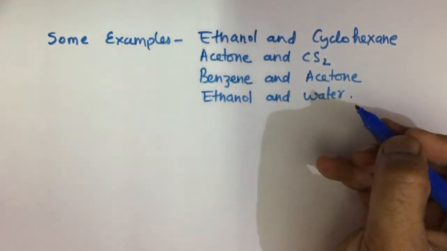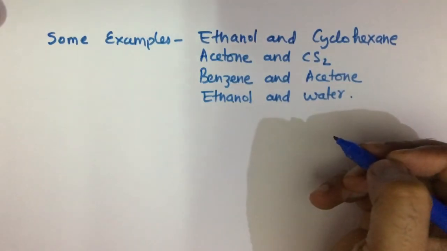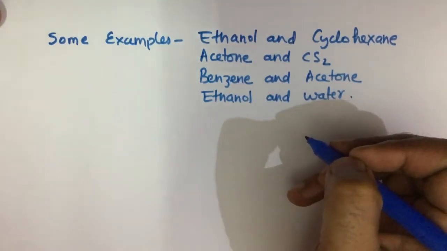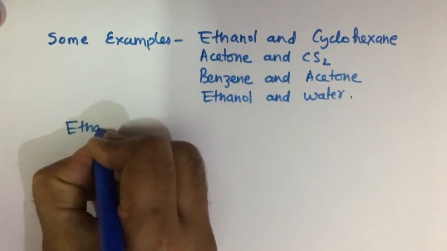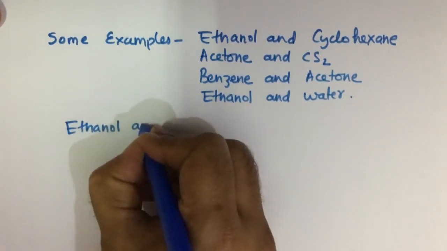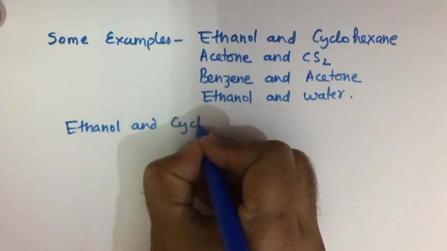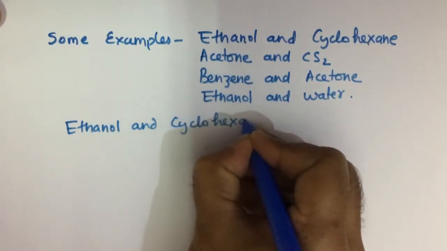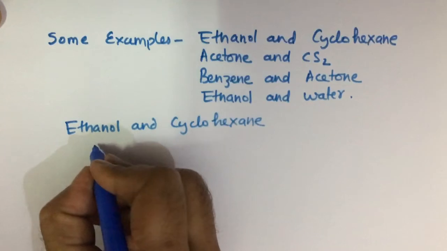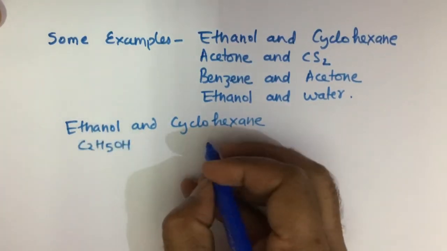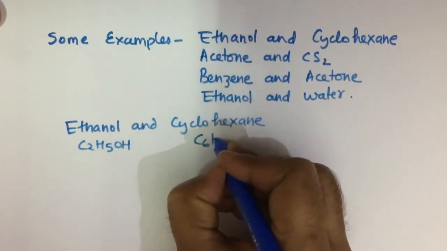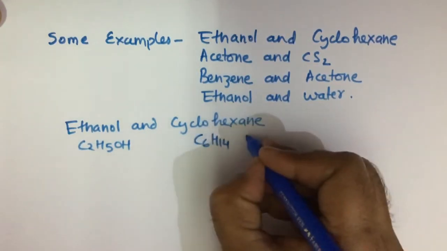Now let us explain the positive deviation with the help of an example. Let us take an example of a solution of ethanol and cyclohexane. Now ethanol is C2H5OH, cyclohexane is C6H14.